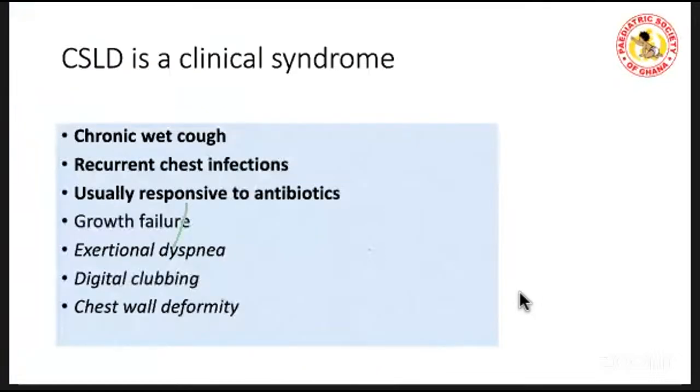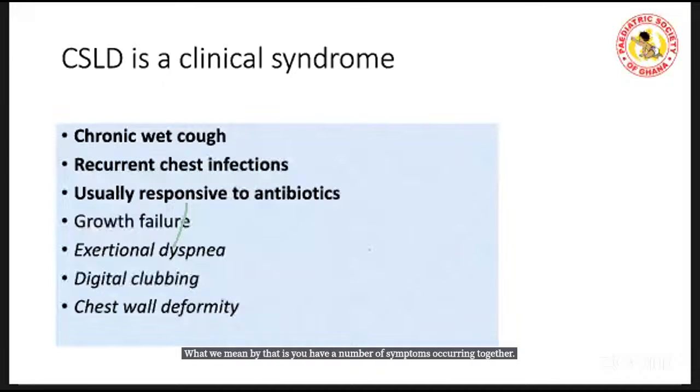So as I mentioned, PSLD is a clinical syndrome. What you mean by that is you have a number of symptoms occurring together. So the main symptom by far, up to about 100% of all children who have a chronic suppurative lung disease, will come with chronic cough, chronic wet cough. So I want to stress on it, it's a wet cough, not a dry cough.